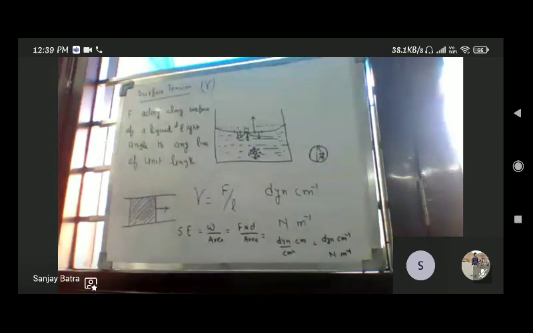समझ में आएगा सबको सरफेस टेंशन सरफेस एनर्जी? यस अनीश कुमार, अंकिता कुमारी, Yes, sir. and अंशुमन आदित्य साहू. Yes, sir. समझ में आ रहा है आपको?